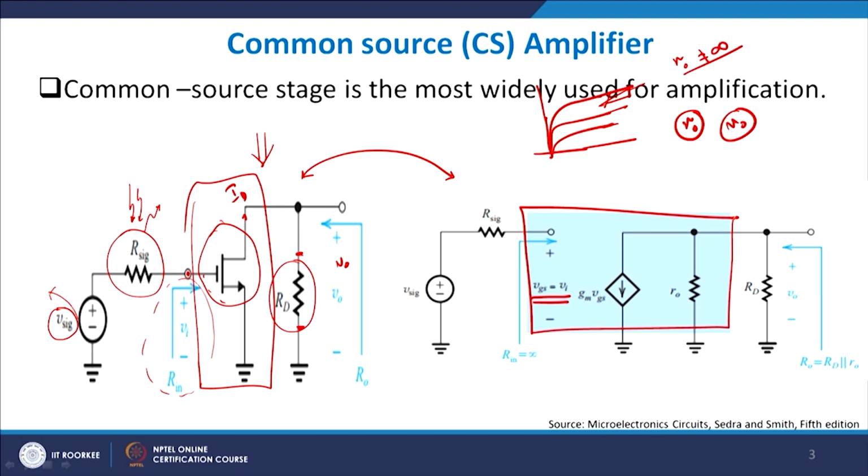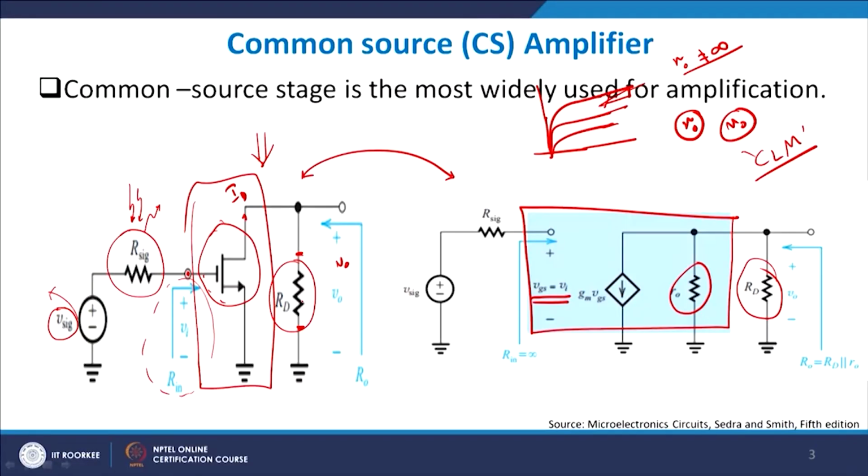That is what R0 is here. This R0 primarily comes out because of CLM, which means my MOS device is behaving like a non-ideal current source, and therefore I will have this R0.